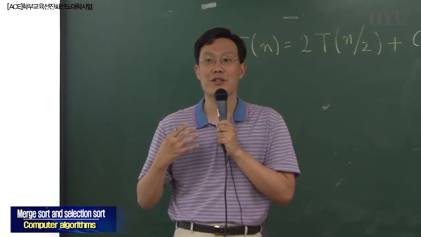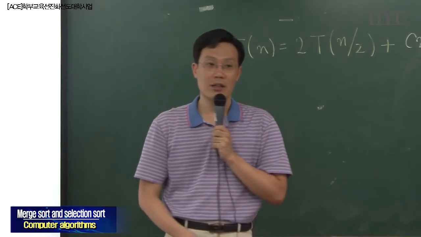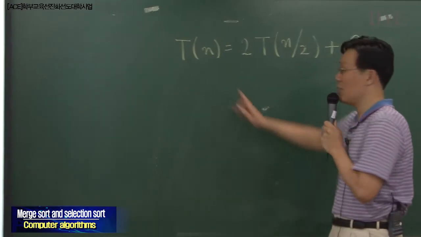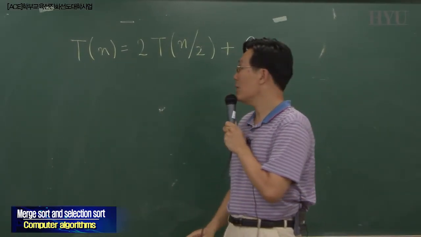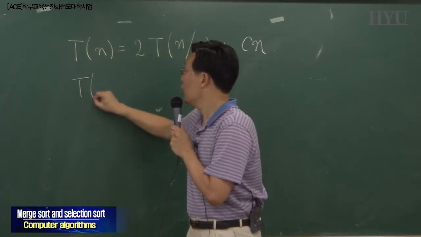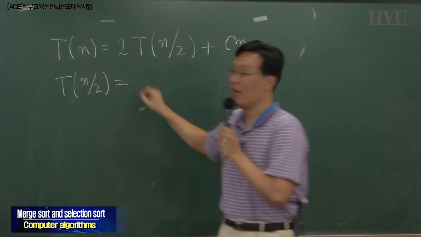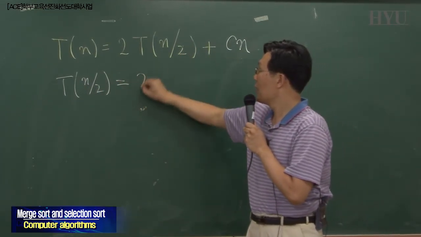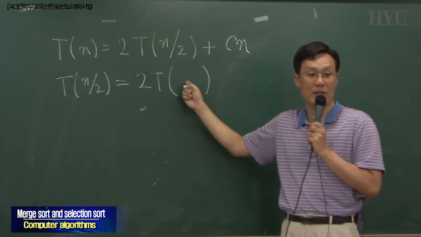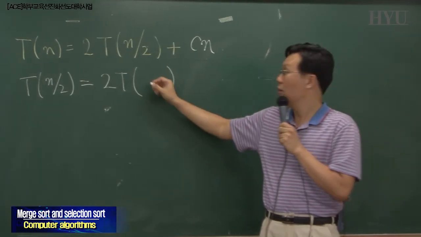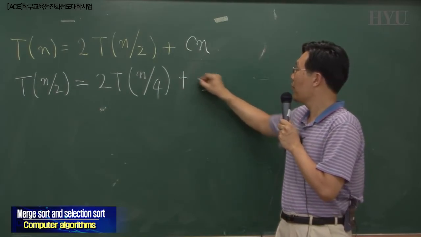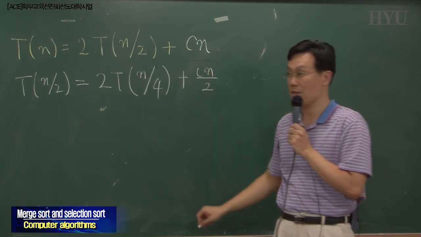Then we do the same thing on T of n over 2. Look at this. This satisfies on every n, so we can replace n by n over 2. Then what's the value inside these parentheses? n over 4 plus, like this.